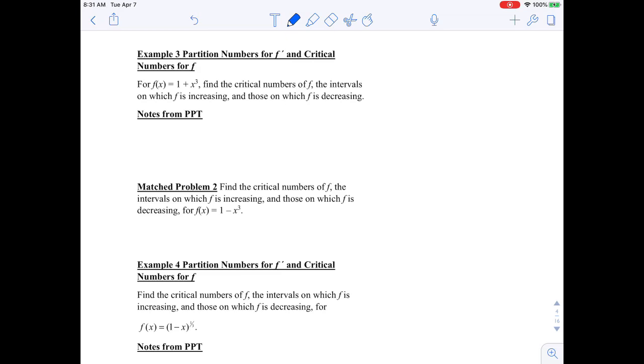So, 1 plus x to the third: find the critical numbers and the intervals of increasing and decreasing. We know we have to find the first derivative and set it equal to 0. Is 0 in the domain of the original function? Yes, so it is a critical number. Then what is it doing less than 0? It's positive. What's it doing greater than 0? It's positive.